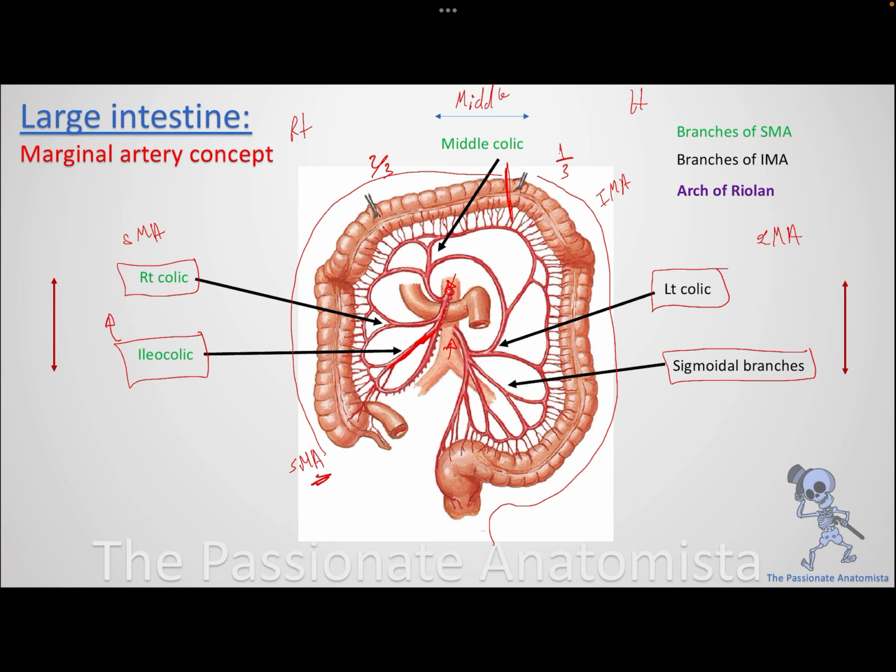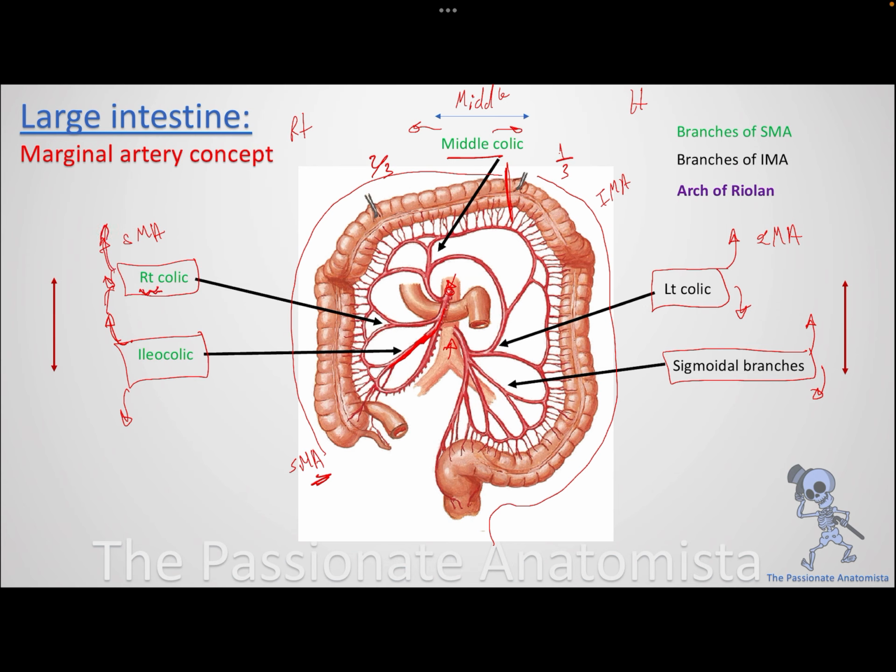These ones will give ascending and descending branches, and these will do the same, ascending and descending. However, the middle colic, coming from the superior mesenteric, because it's the only one in the middle, will give right and left branches. The ileocolic ascending branch will anastomose with the descending branch of the right colic.